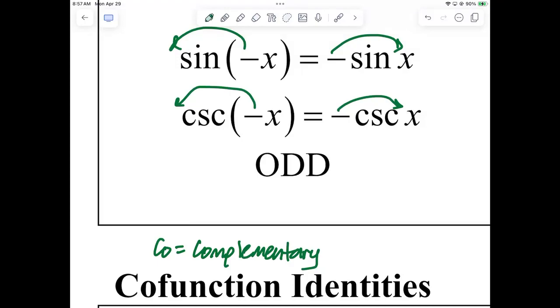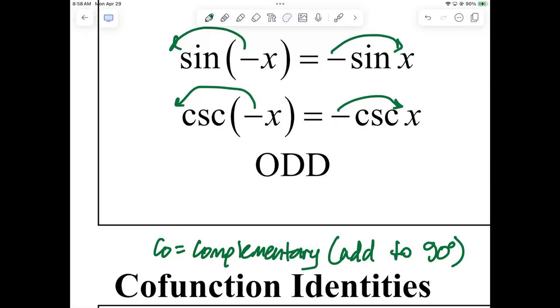So what would be the complement of 30 degrees? 60, because two angles are complementary if they add up to 90. If I give you one angle like 30 degrees, its complement is 90 minus 30, which is 60.